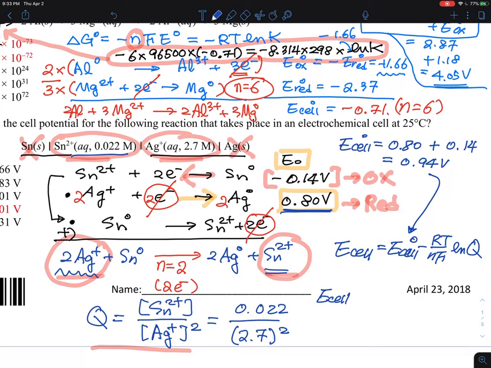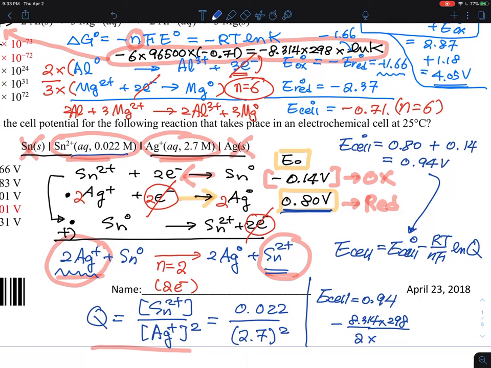So E cell, let me show you one more time. 0.94 minus 8.314 times 298. I think, oh, okay, oh my God. Okay, so I'm going to put this one down here. Okay, so 0.94, and then N is 2, because of the N is 2, as shown up here.